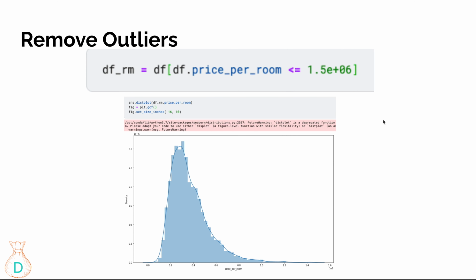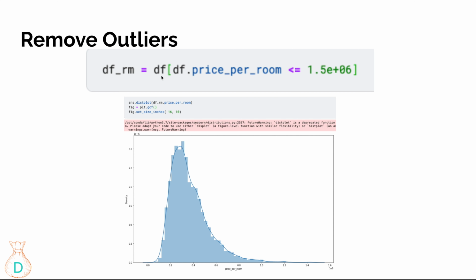Based on the earlier plot, I determined that 1.5 million is like the max. I guess you can only do 1 million, but I just thought trimming from 3 million to 1.5 million would be good enough. So in this case, I'm doing a filter and creating a new data frame called df_rm, filtering for anything that's below 1.5 million.